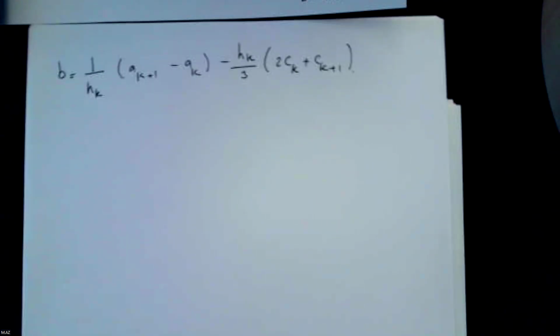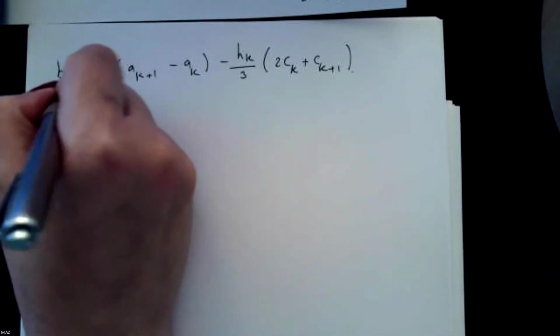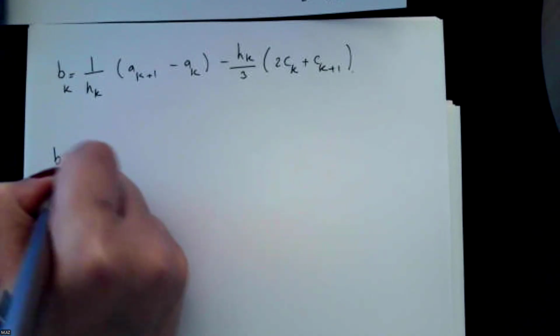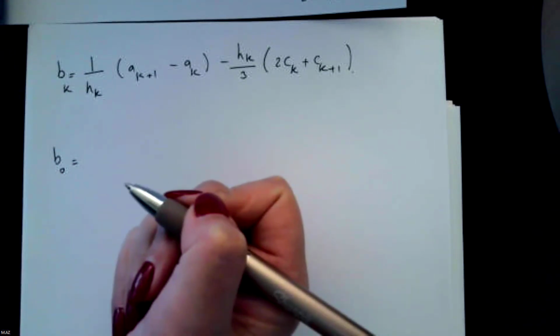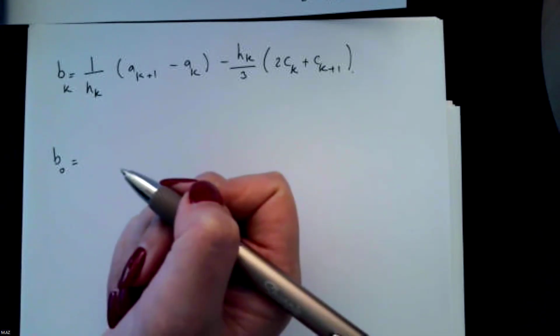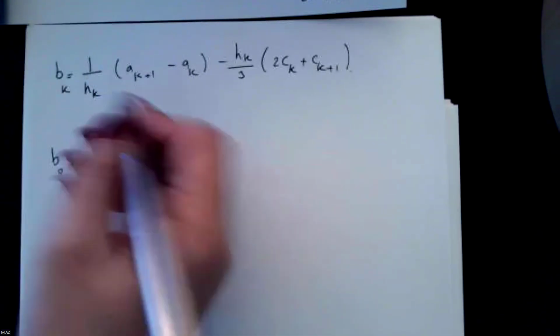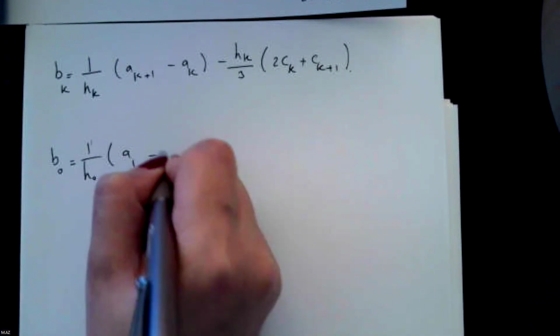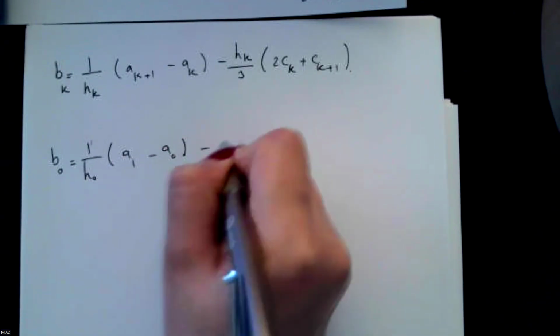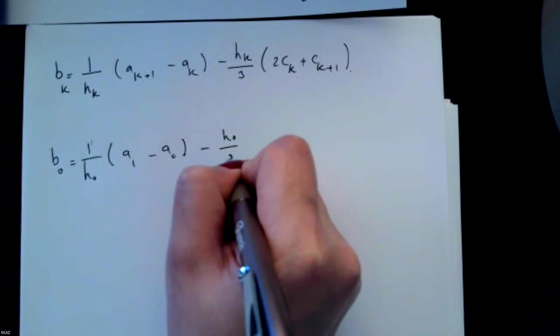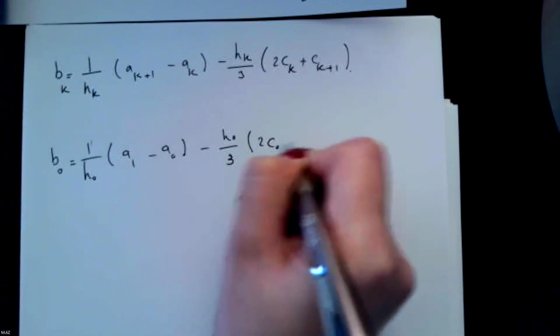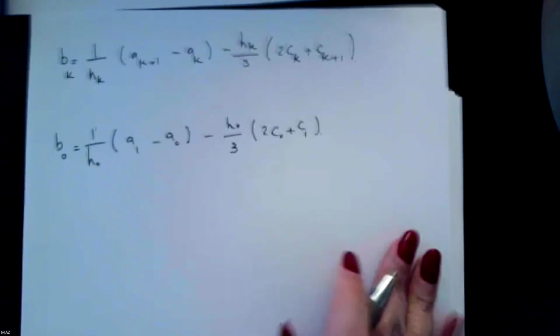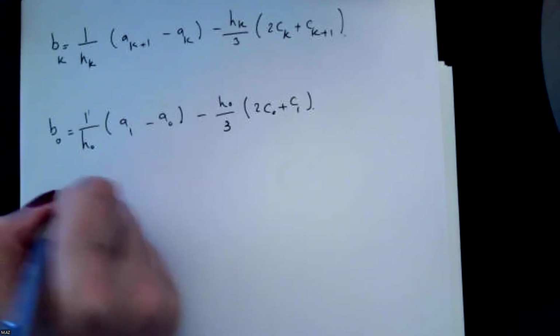For example, for finding the B sub naught, or the value of the B for the first cubic spline or first interval, we have 1 over H naught, A1 minus A naught, C1.